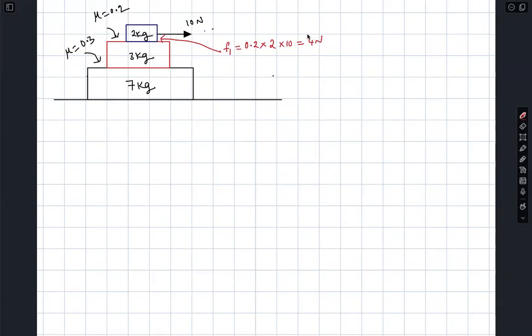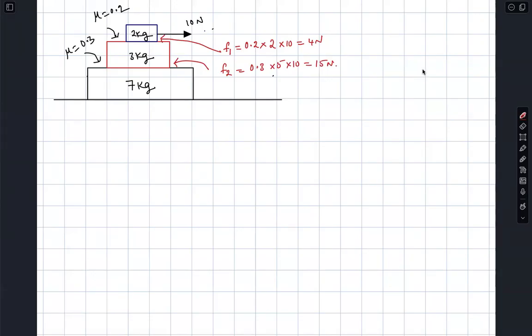Any doubt? Now, the limiting value of the friction here, F2, is 0.3 into 5 into 10. Are you clear why I have written 5? Yesterday I told you the reason for this. Now this will become 15 newtons.